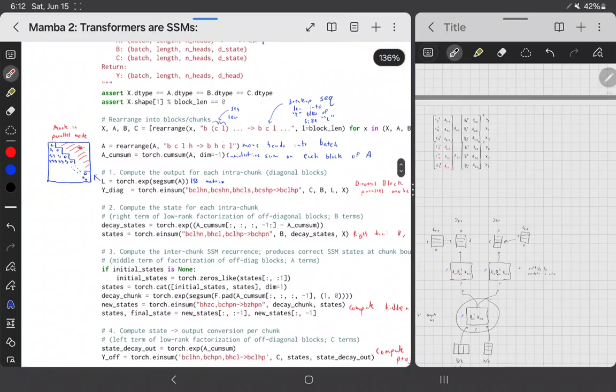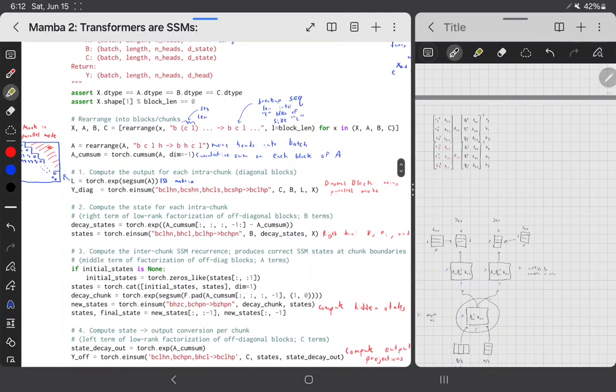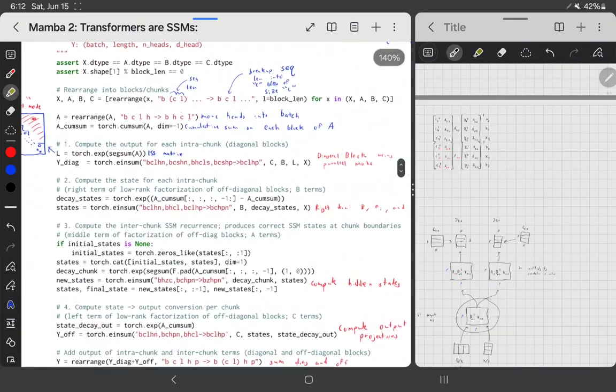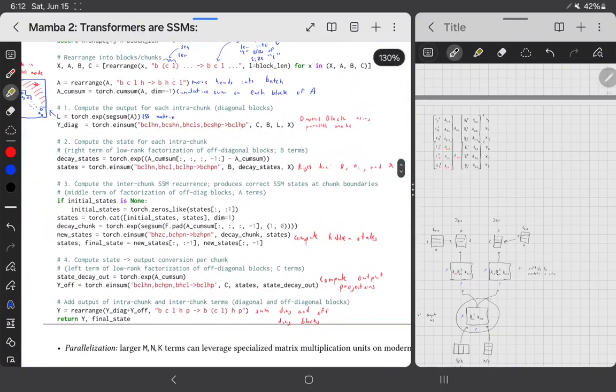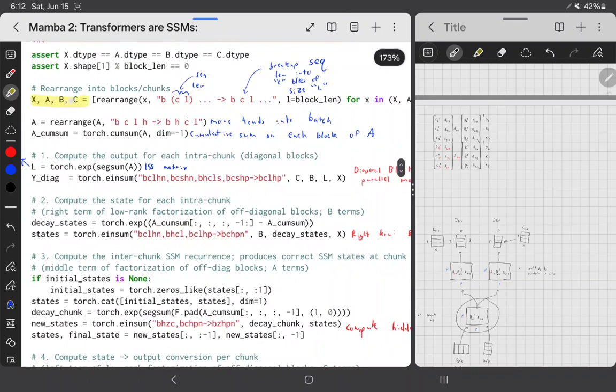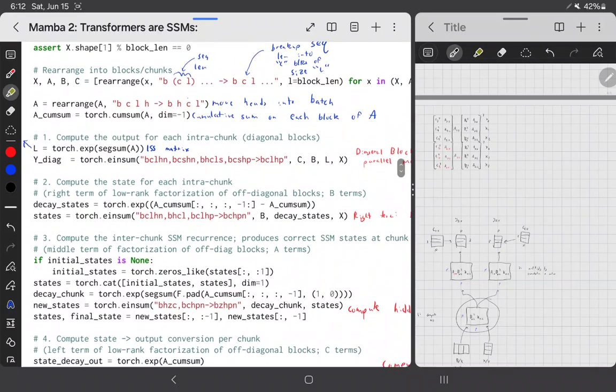Here they formulate it in code if you want to read through it. The code was a little unintuitive. It would probably be easier if you step through it with actual code, but it's nice that they give code though. Basically, you start with the A, X, B, and C matrices, and rearrange them into blocks of size L along the sequence dimension.